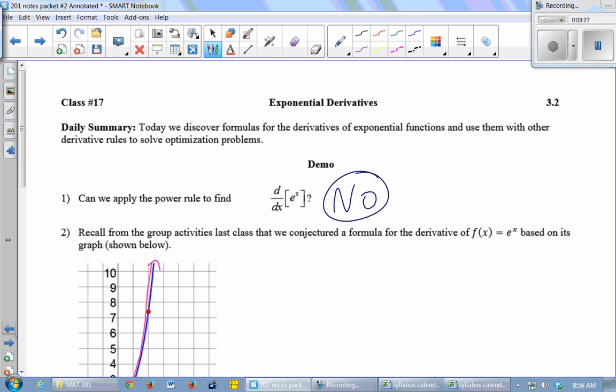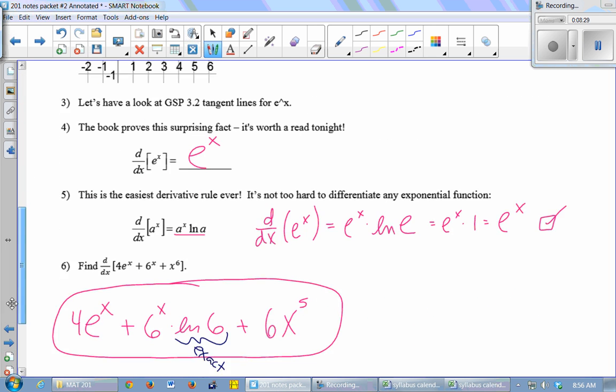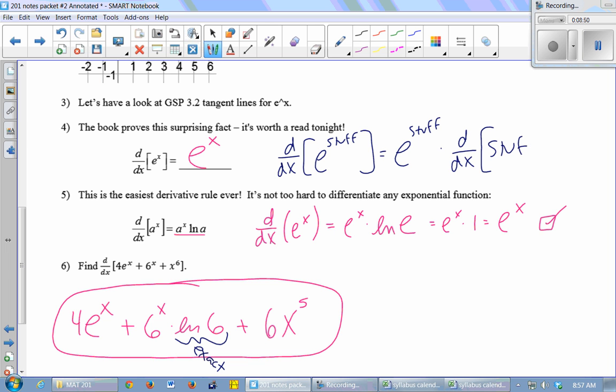Okay, one last thing I want to add right here where we had d dx of e to the x equals e to the x. What is d dx of e to some stuff? What does that equal? E to some stuff, yep, times the derivative of the stuff. And you could write times the natural log of e, but we don't need to because the natural log of e is just 1.